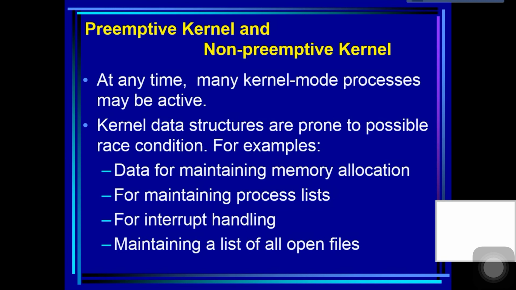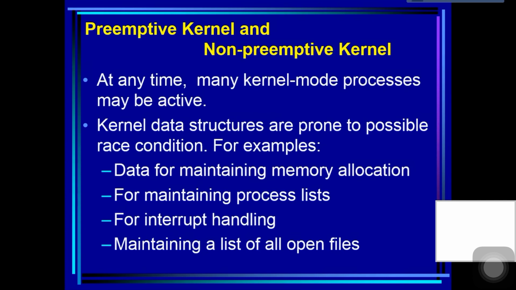If two processes were to open files simultaneously, the separate updates to this list could result in a race condition. Other kernel structures prone to possible race conditions include structures for maintaining memory allocation, for maintaining process lists, and for interrupt handling. It is up to kernel developers to ensure that the operating system is free from such race conditions.